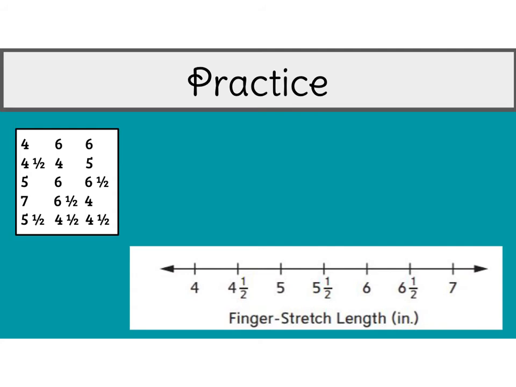So remember, our line plot is labeled with our numbers down here at the bottom in some kind of number line, depending on what your smallest data point is to your largest data point, and usually it's labeled with some words and some kind of unit. And then a lot of times we'll have a title up at the top for the whole line plot itself. But let's go ahead and plot the numbers that we have here on the left.